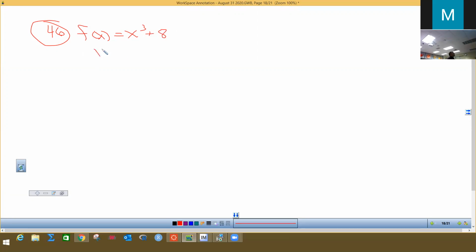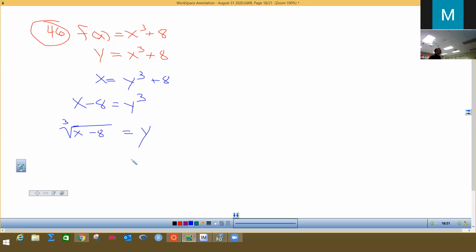The first thing you want to do is make this y and rewrite it like this. So this is the same function as the one above. Now to find the inverse, you're going to flip-flop your x and your y. So you bring x over here, and you put the y where the x is, and now we have to solve this for y. So I have to subtract 8. And then I have to cube root each side because this is a cube.